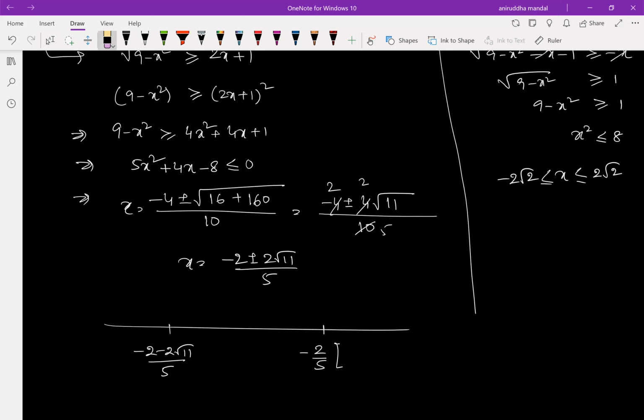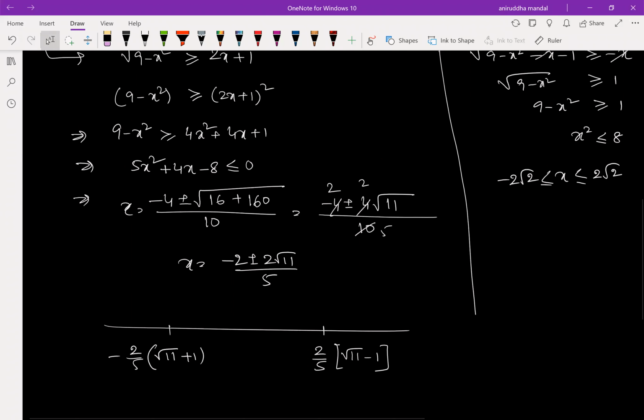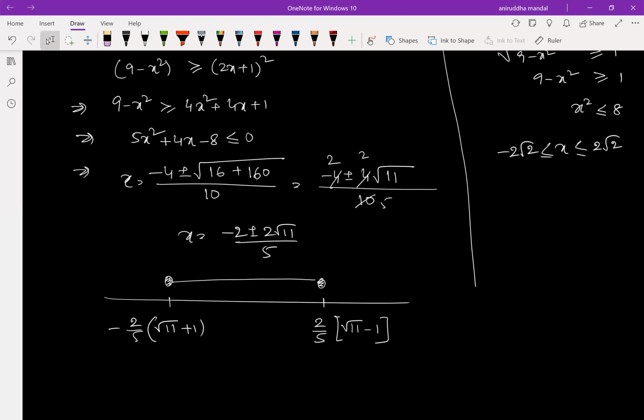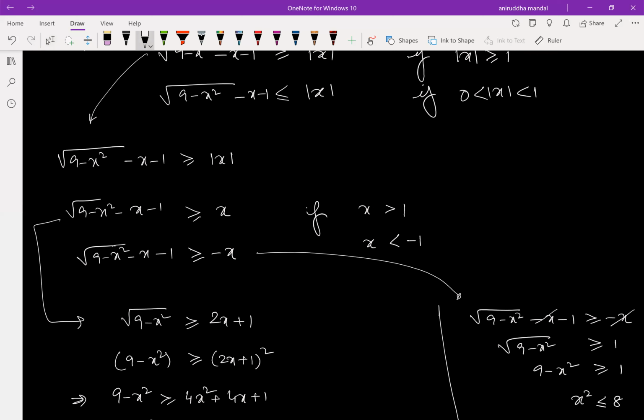What we can do is simplify this as root 11 minus 1, and we can write this as 2 by 5 into root 11 plus 1, and minus. Now this is less than 0, so less than 0 means our expression is lying between this.